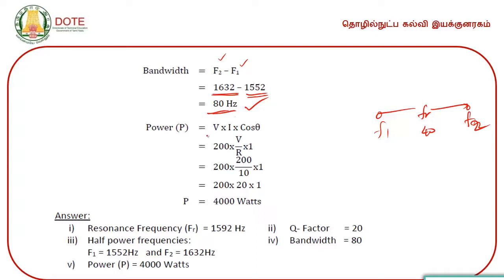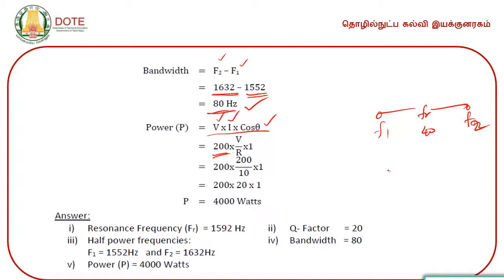So, what is power? Power is equal to V into I into cos theta. So, V is the applied voltage that is the alternating voltage being applied, I is the current, that is the total current, cos theta is the power factor. Now, V is the applied voltage which is 200.